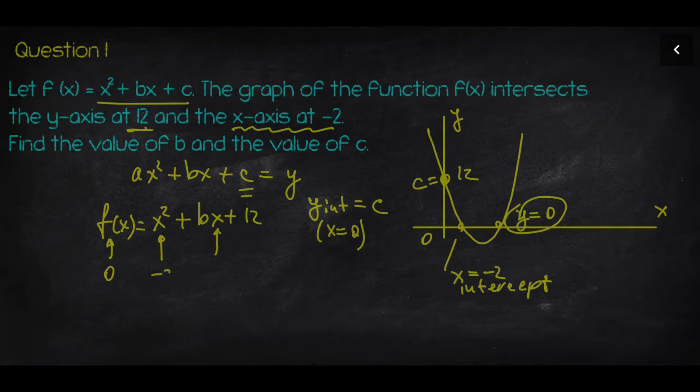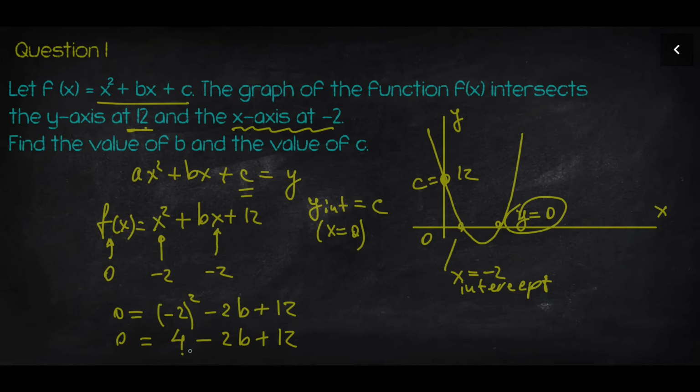So we plug in 0 here and -2 instead of x where it stays. Be careful about simplification: negative 2 squared is always a positive number, while here it is going to be negative 2b and plus 12. Let's simplify. We'll get 0 equals 4 minus 2b plus 12. It's the right time to combine like terms.